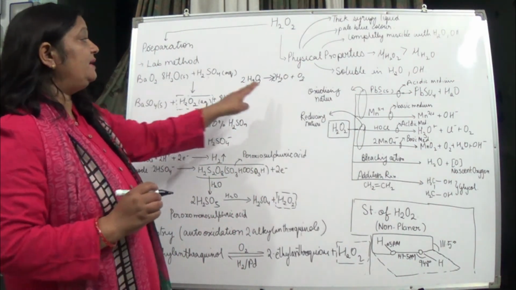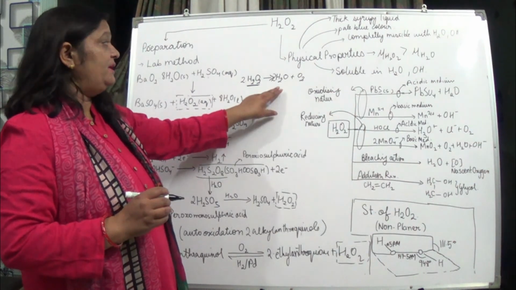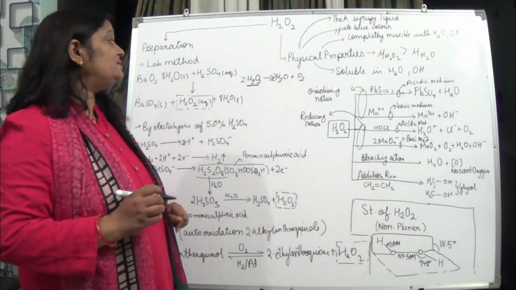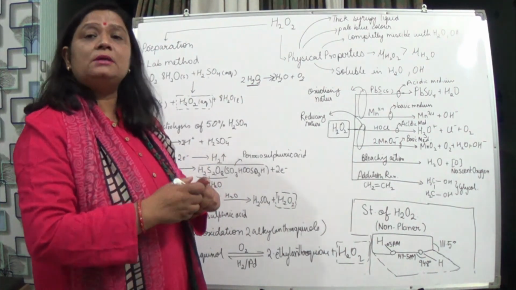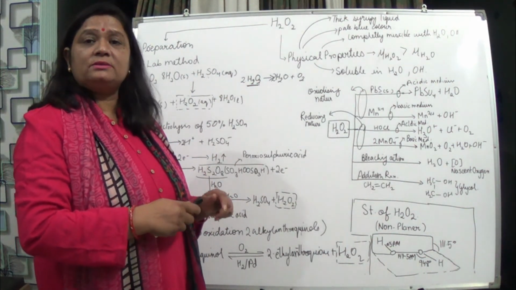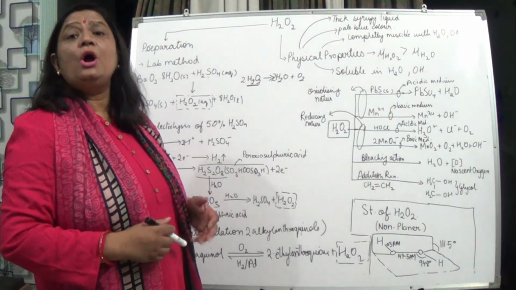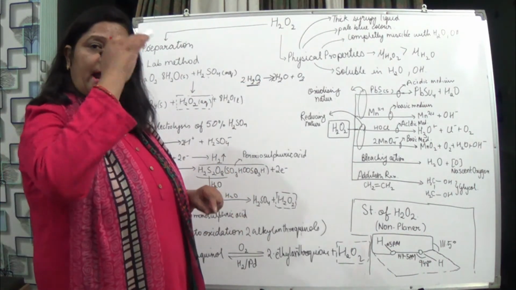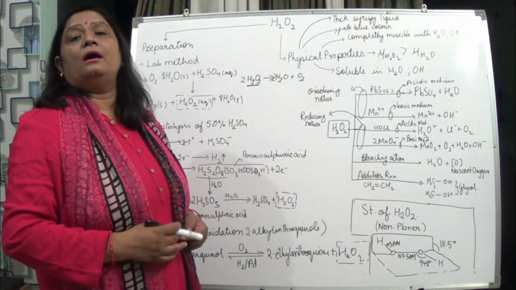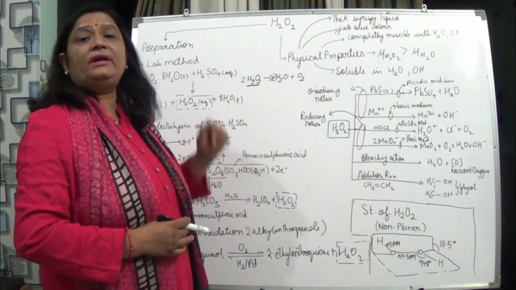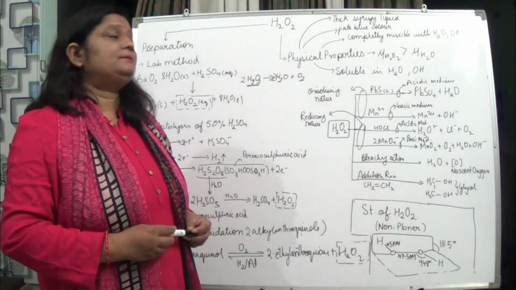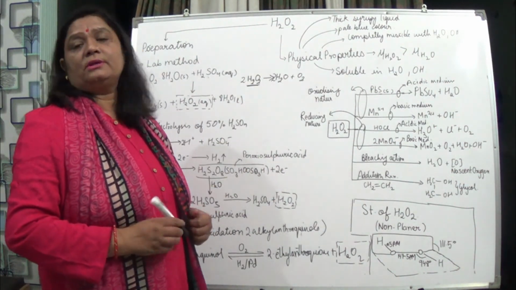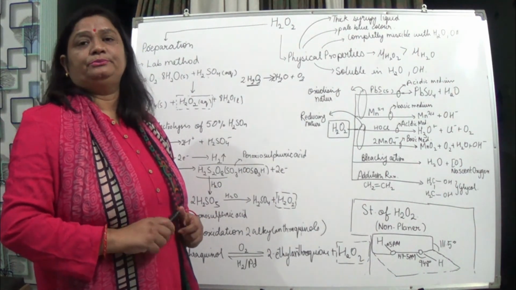In light, the reaction will take place and it will decompose to water and oxygen. So we store it in the dark, in containers made of plastic, or take a glass container and line it with wax, and then it can be stored in that. We can also use a stabilizer like urea to store this H2O2.